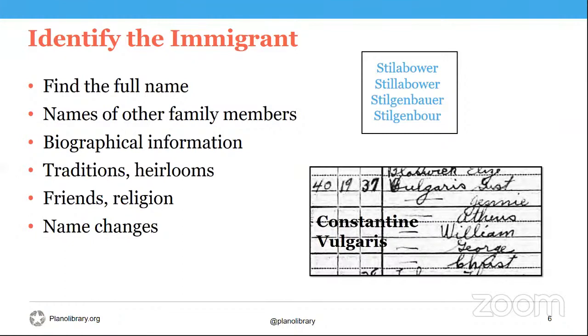They may have left from Hamburg or some other port, but actually lived 200 or 300 miles from there. So the place of departure is just where they could get to a ship. And the port or city of arrival doesn't mean that's where they stayed.